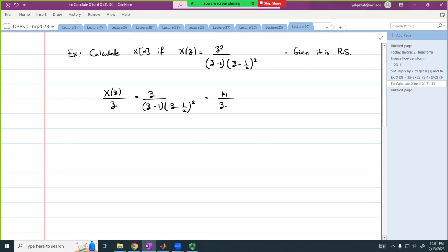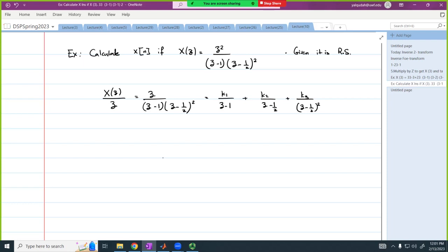K1 over z minus 1 plus K2 over z minus 1/2 plus K3 divided by (z minus 1/2) squared. So I'm going to have two terms that are coming from z minus 1/2. Of course, I could have labeled this as K0, K11, K12, same thing, whatever labels you want.